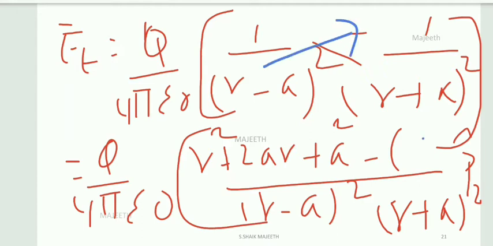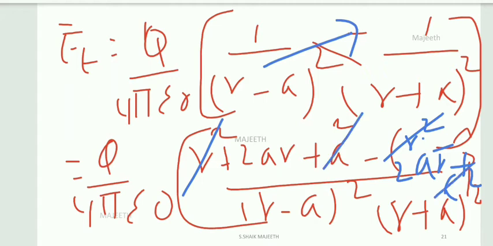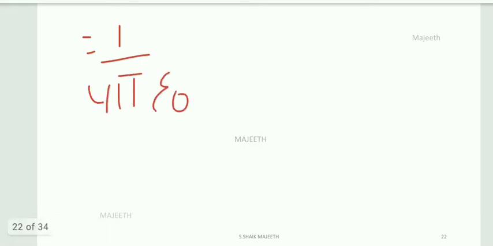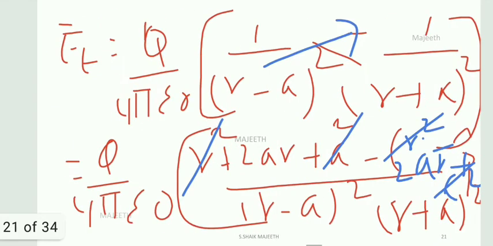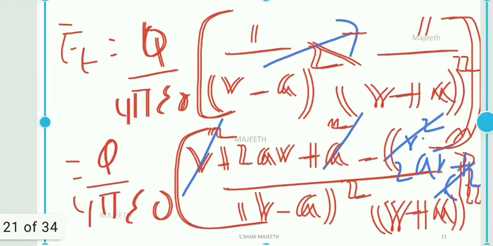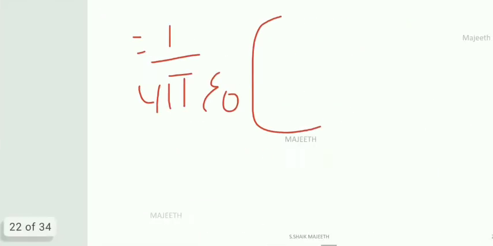So R squared minus 2AR plus A squared, right? So R squared cancels, A squared cancels. What we get is 1 by 4 pi epsilon naught, right? So what I have here, I have 2AR, here also minus of minus 2AR plus 2AR, so 4AR, right?